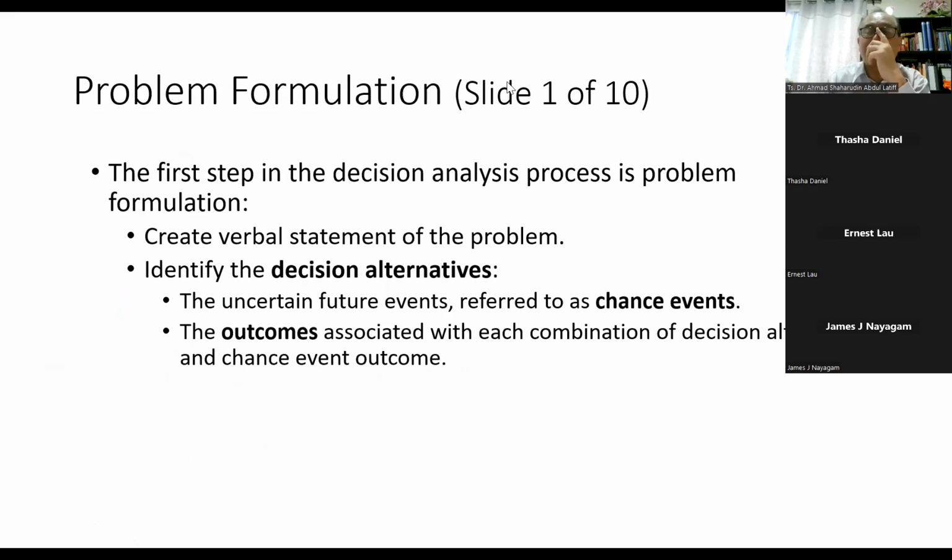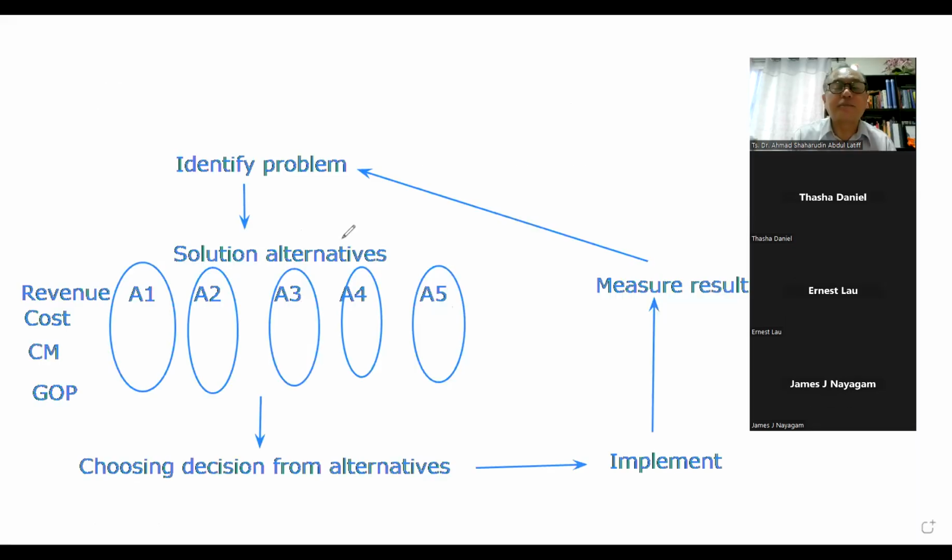Meaning that you look into the alternatives, like they showed on the whiteboard. You measure each alternative, what will be the outcome, and then you choose the decision based on the optimum solution, the best solution that you want to have.